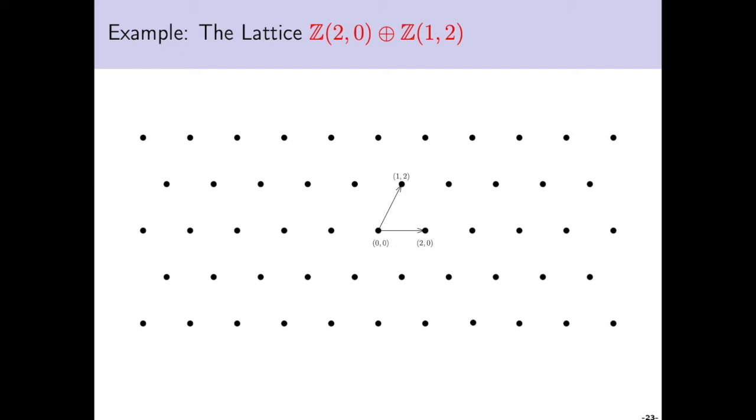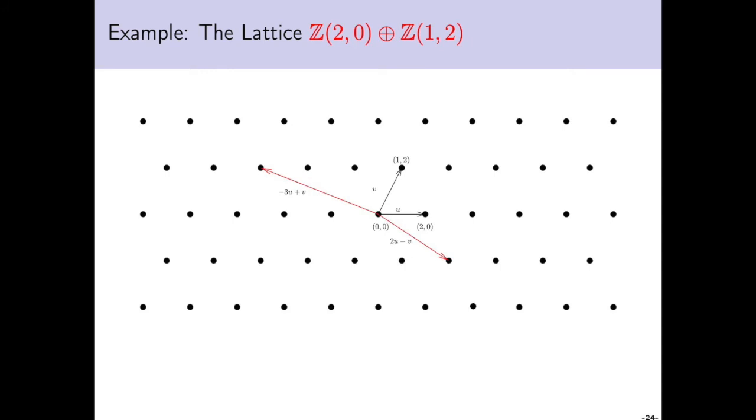So here, I have a basis for this lattice. And here, I have another basis. So question, which basis do you prefer? Which basis seems the more pleasant to work with for you?